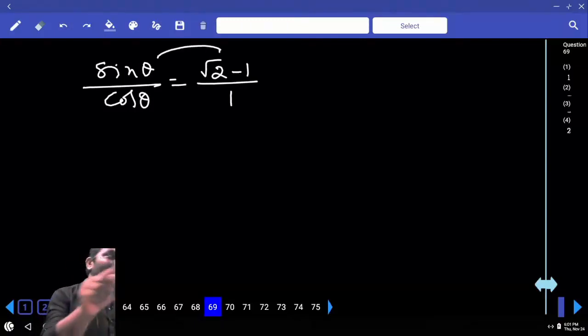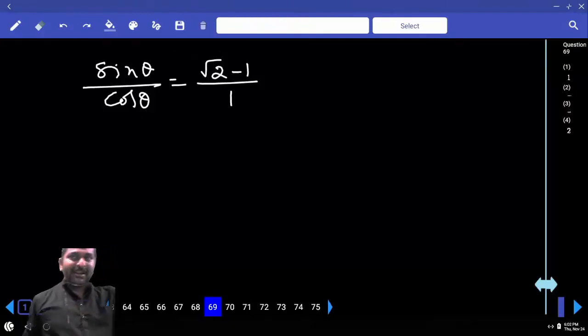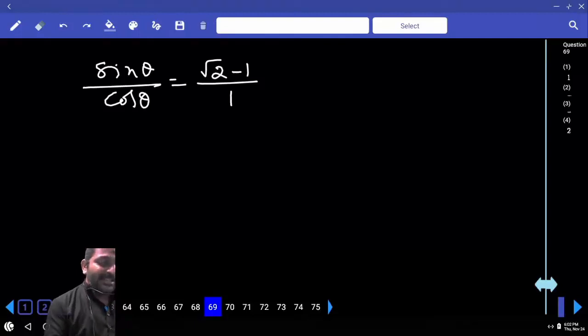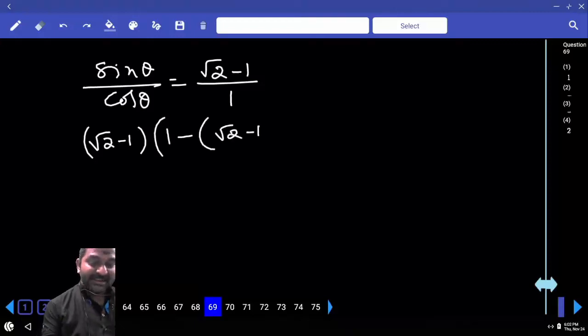Sin theta is equal to root 2 minus 1 parts. Cos theta is equal to 1 part. You can consider parts or directly you can consider numbers also. No problem. Yes. In the question we have sin theta, root 2 minus 1 into cos theta, 1 minus sin theta.